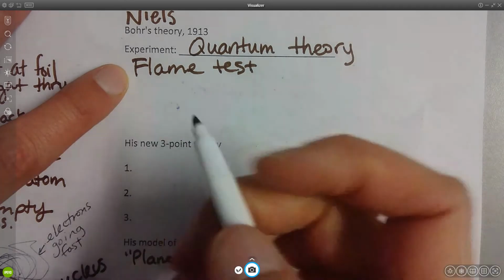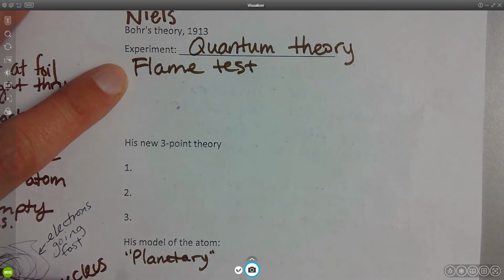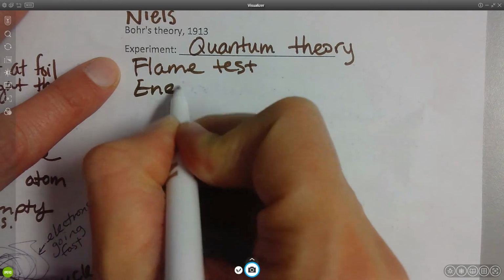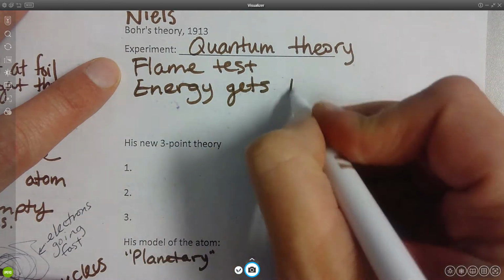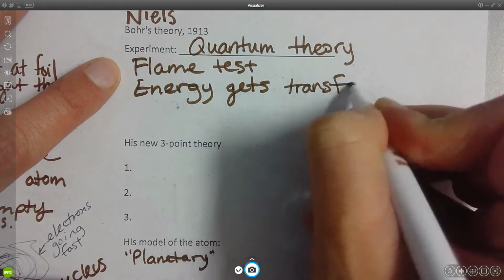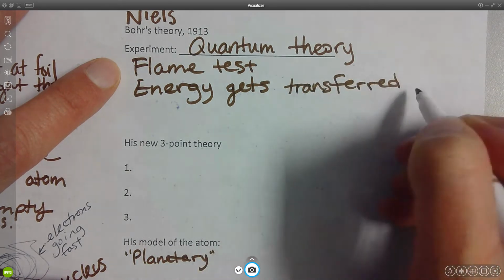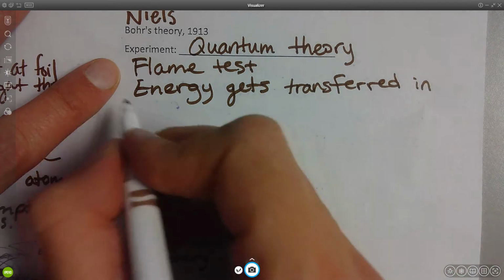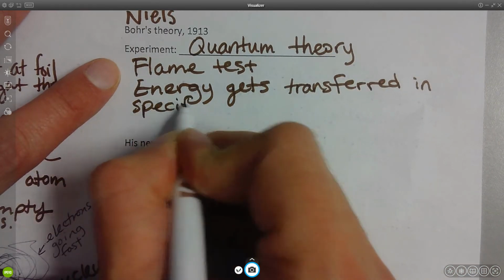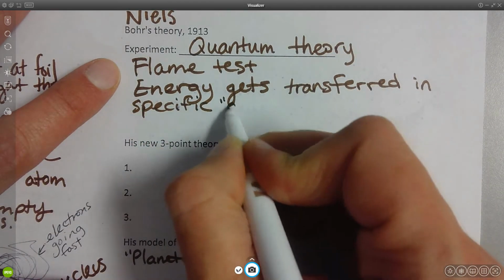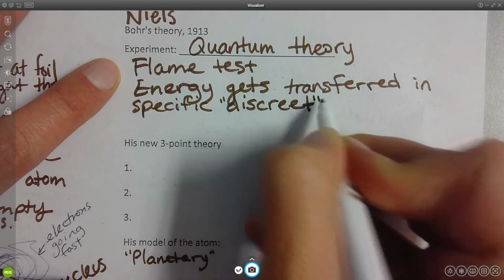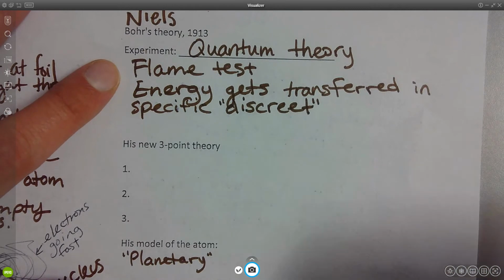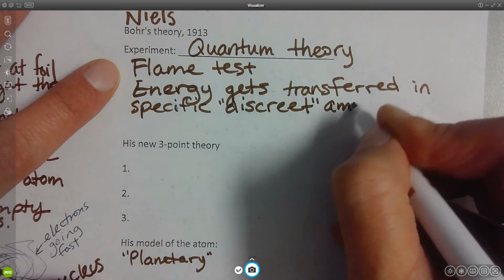Okay. And so the really important thing here is that energy gets transferred in what we call specific, and then we use this word discrete, amounts.